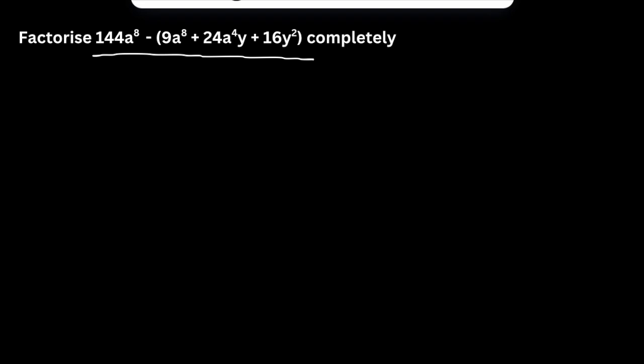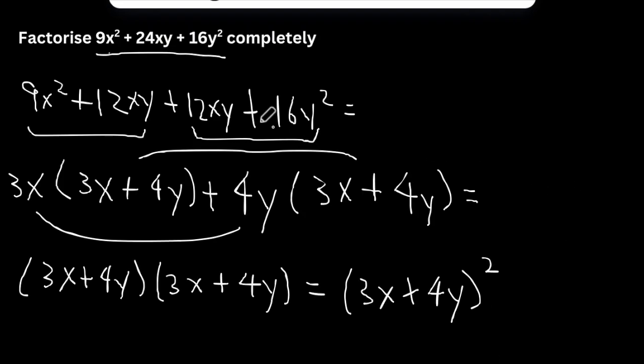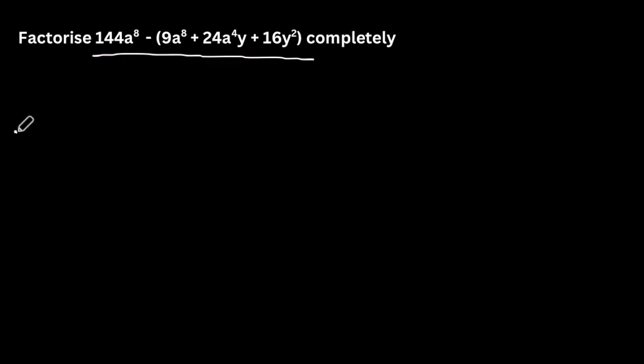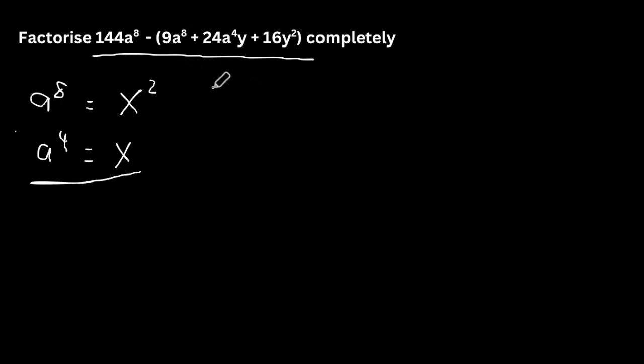The only difference is that earlier you had it as x squared, and over here you have it as a to the power of 8. So we can take a to the power of 8 to be equal to x squared. Therefore, a to the power of 4 equals x. So using this, let's rewrite this equation in a simpler fashion.